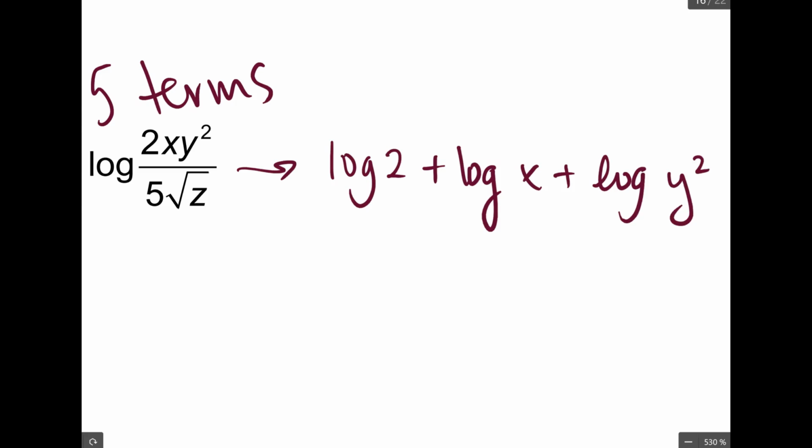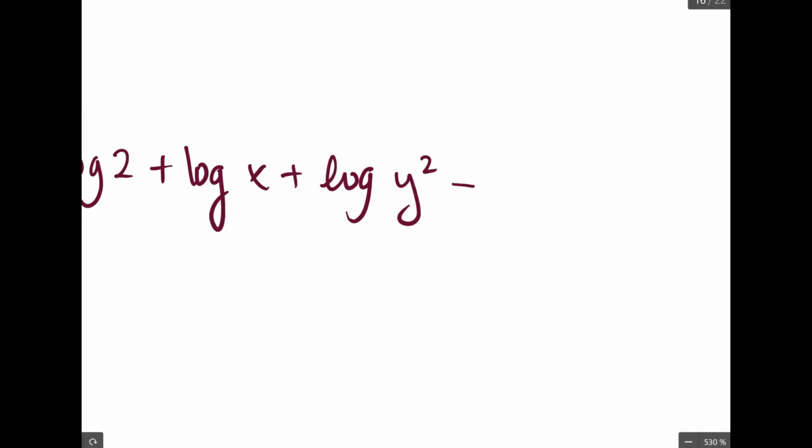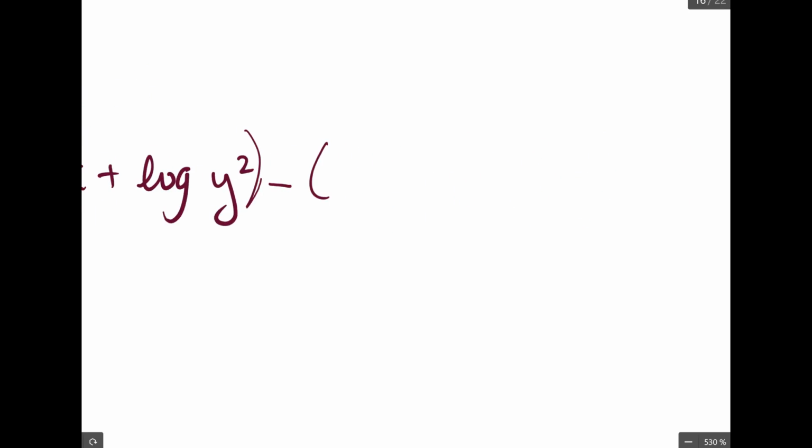And then I'm going to be minusing the bottom, because all of this on top minus all the stuff on bottom. When you're dividing, you're subtracting the log 5 that's on the bottom. And you're also subtracting, here I have the subtraction right here, so I'll distribute that out, log of square root of z.